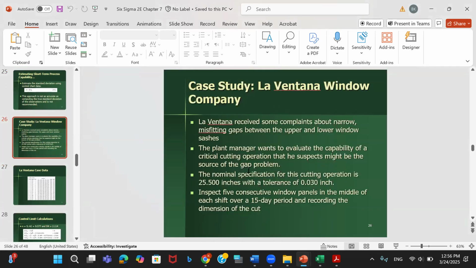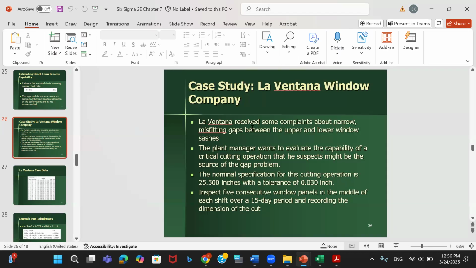Here is an example. We are given a real example where this company received data. They are making windows, and they want to know if this data is in control or not.